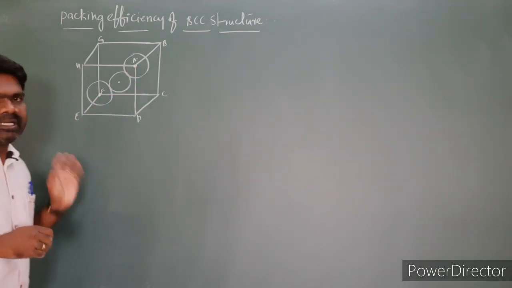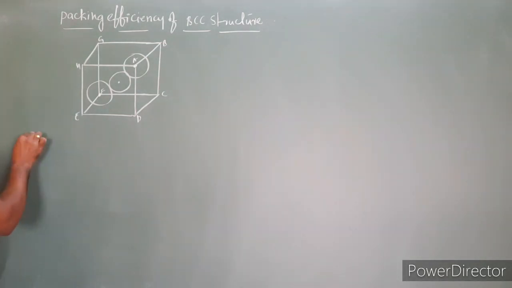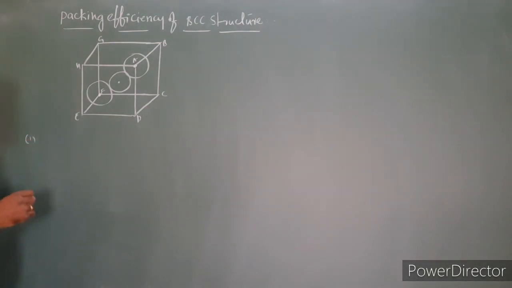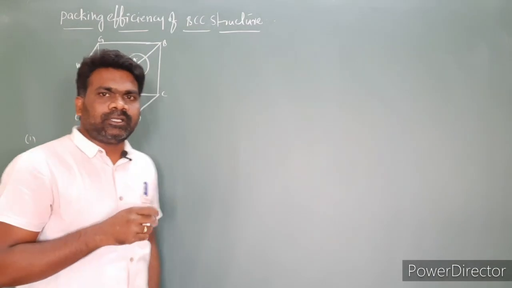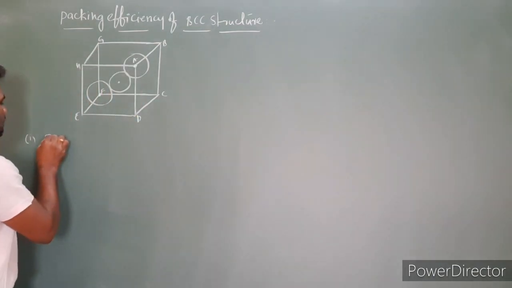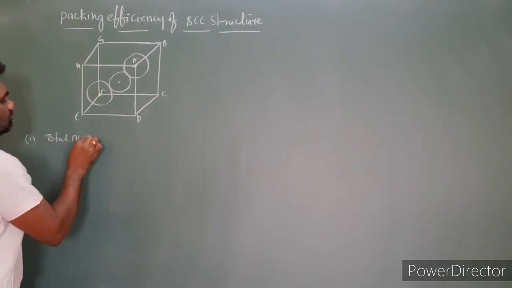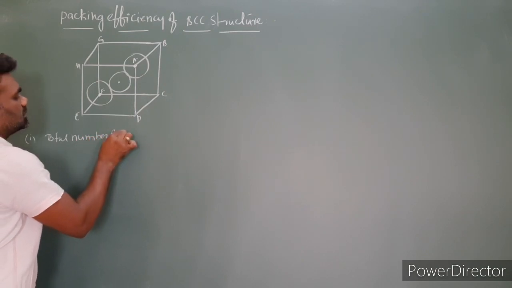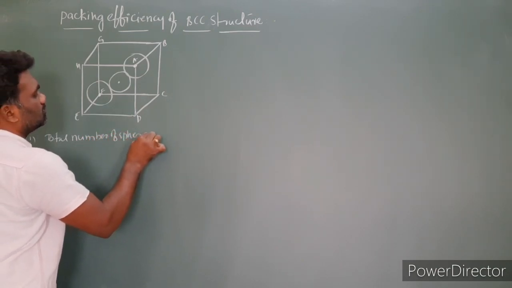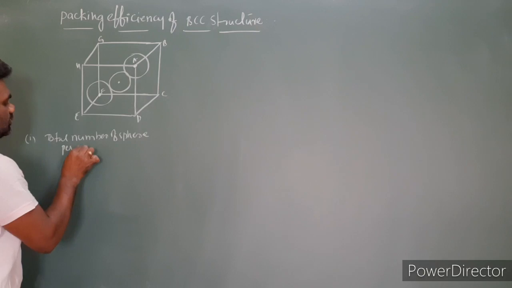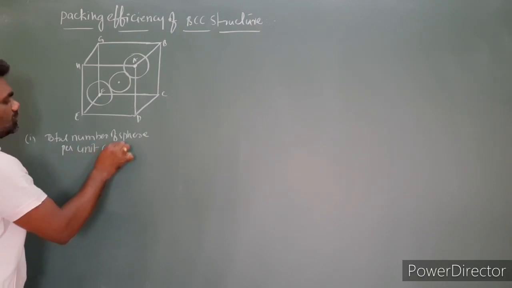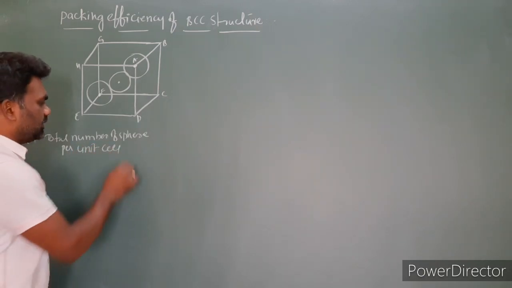So we have to write again 4 points. The first one is the total number of spheres per unit cell. The total number of spheres per unit cell, what is the formula we have?